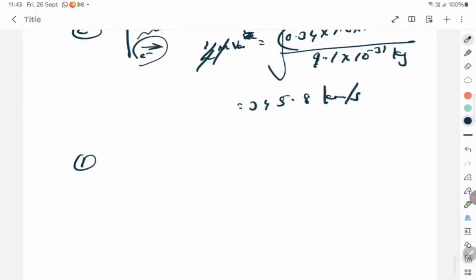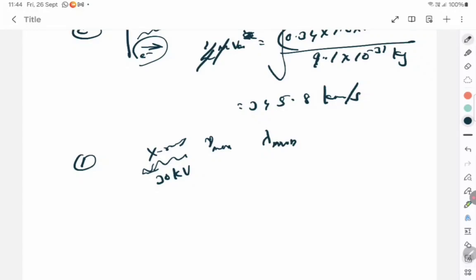So next is find the maximum frequency and the minimum wavelength of X-rays, which means about incident radiation, X-ray electromagnetic wave, which produces 30 kilovolt of voltage.